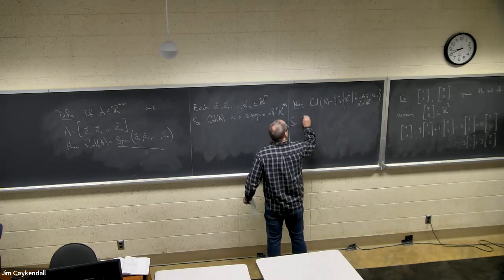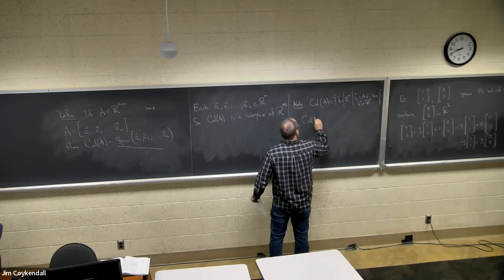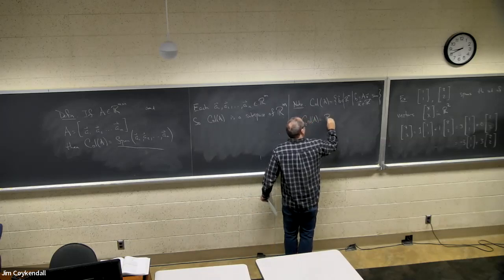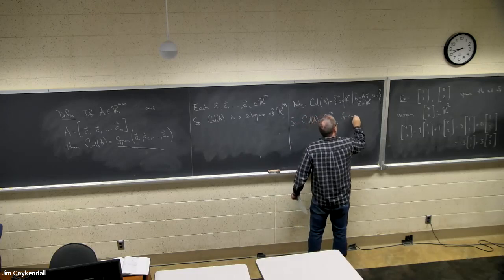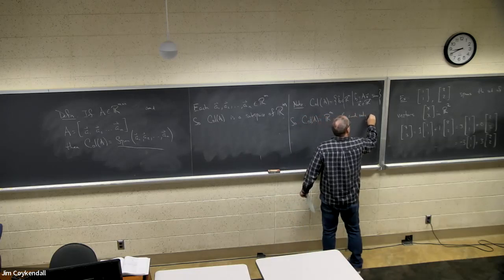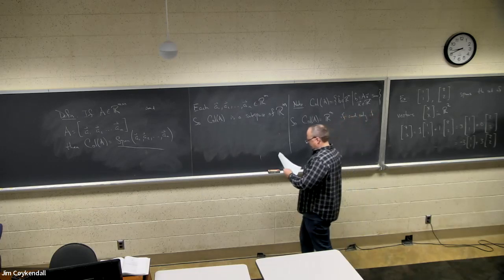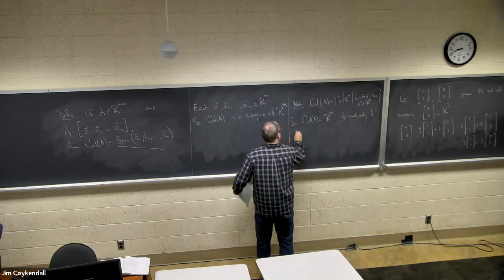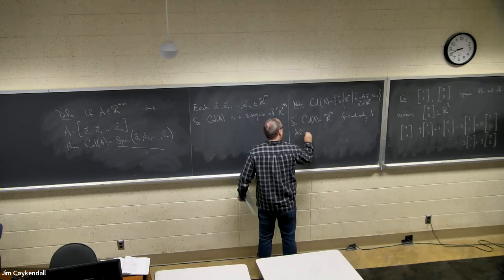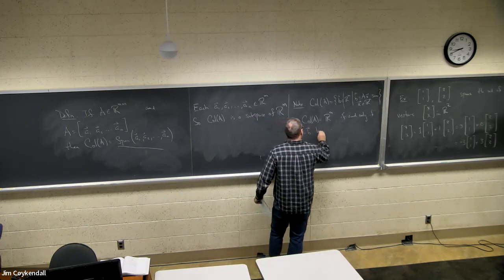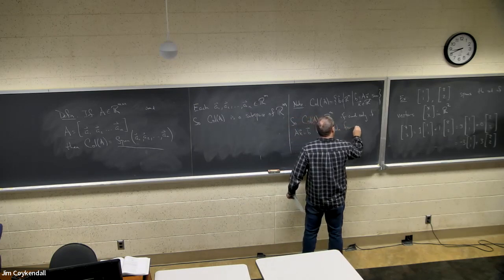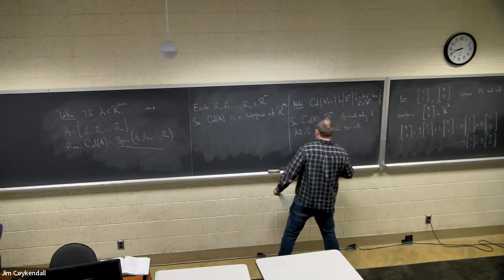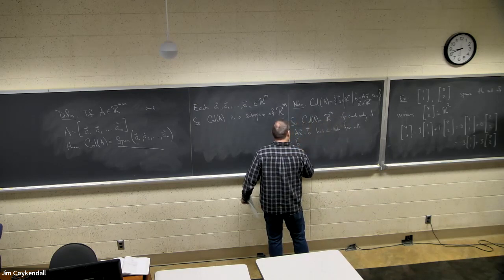So the column space of A is all of R^m if and only if Ax equals b has a solution for all b in R^m.